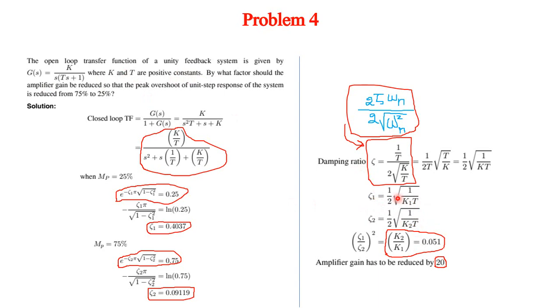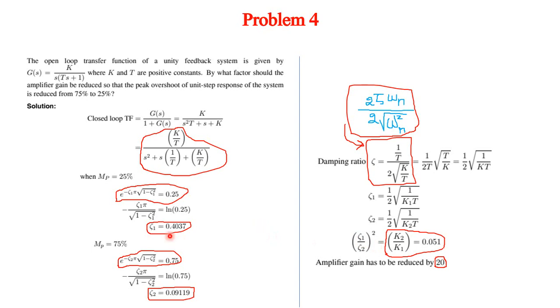Since we have a square root, let us square both zeta 1 and zeta 2 expressions. The square root will go. So 1 by 4 times 1 by K1 T, and here 1 by 4 times 1 by K2 T. When we divide one by the other after squaring, the 1 by 4 terms cancel, and we will get K2 by K1.